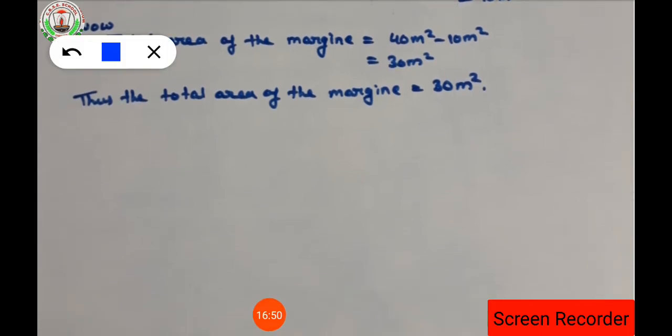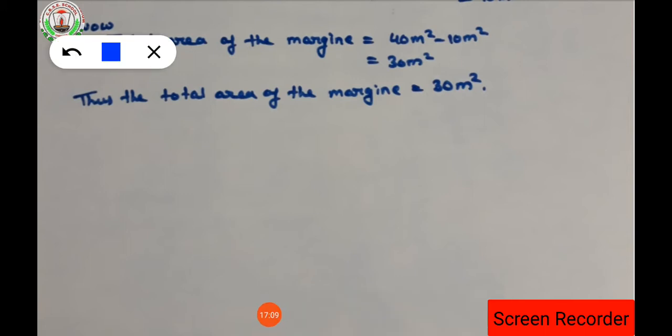Now dear students, look one more time. You might get confused that in the first two questions the width of the road is added, but here we are subtracting. Why is it so? Listen very carefully.